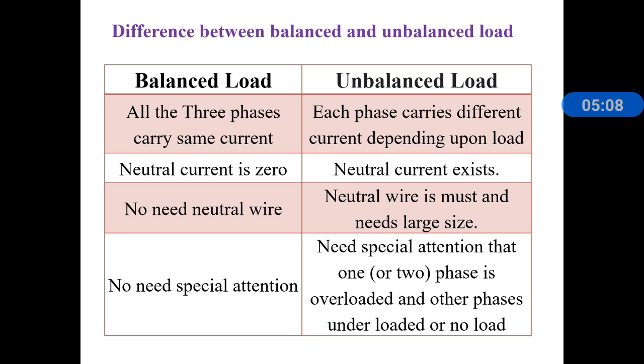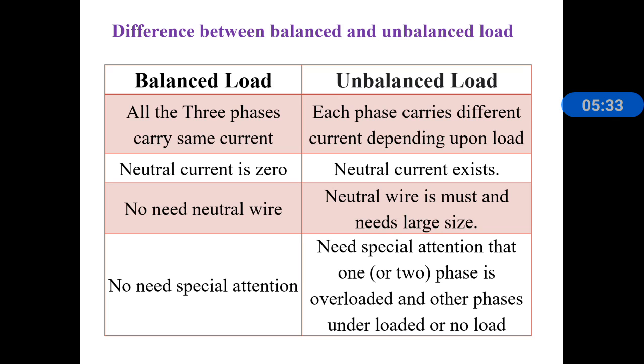So no special attention is needed in the balanced condition, but the unbalanced condition needs special attention, because one phase is overloaded or two are overloaded and the other phases are under loaded or at no load. So every second, attention is required in unbalanced load conditions.